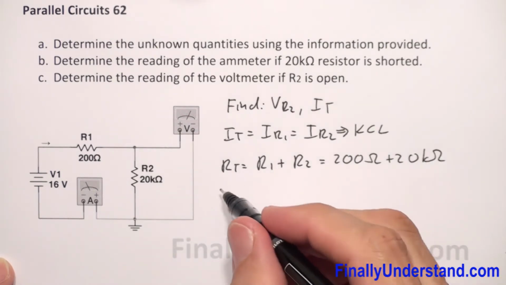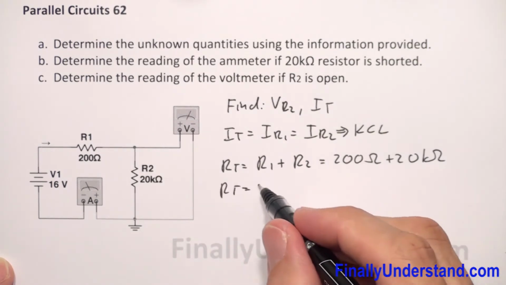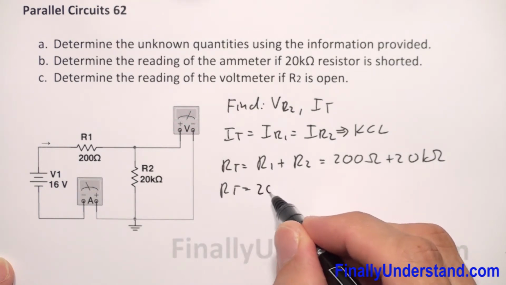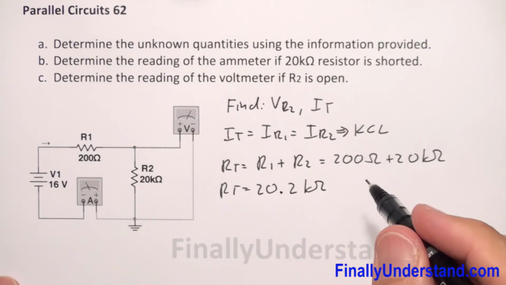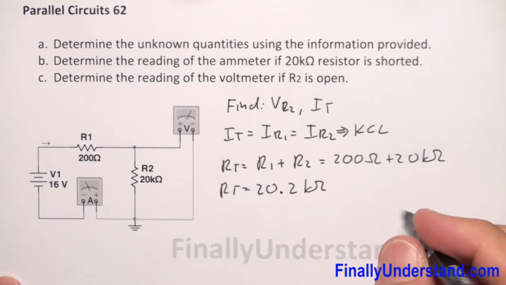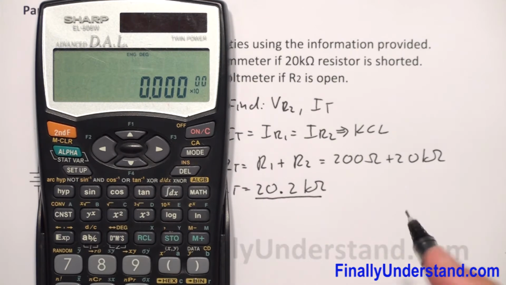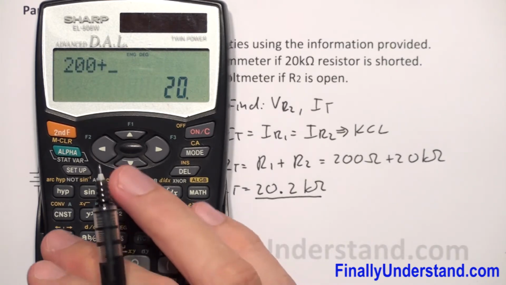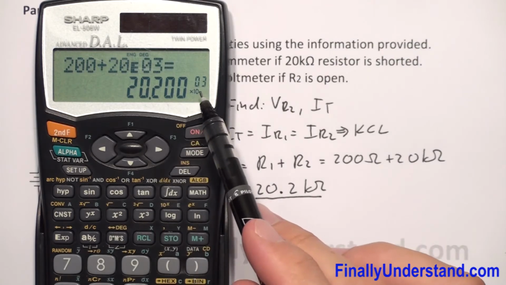Our total is equal to 20.2 kilo ohms. This is my R total. If you want to see how to enter this into the calculator, simply enter 200 plus 20 exponent 3. This is equal to 20.2 kilo ohms.